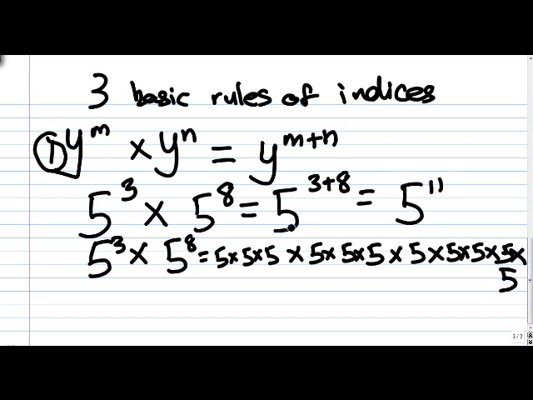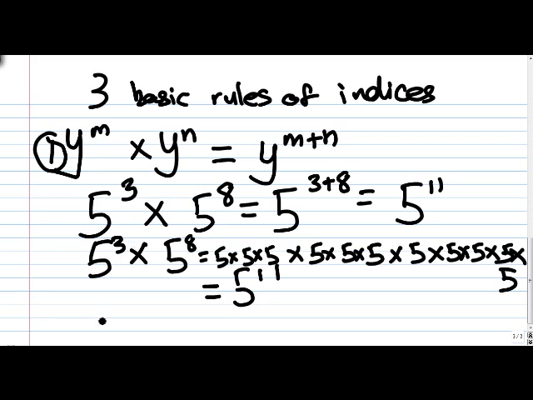That's what you're doing, and that's how you get 5 to the power 11. This law allows you to simplify this process by just adding the indices, 3 plus 8 in this case.